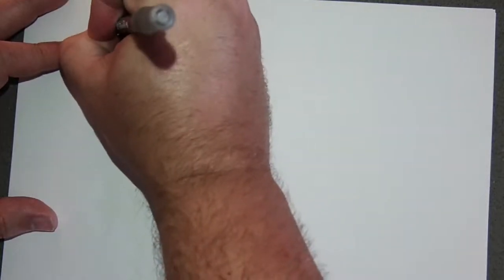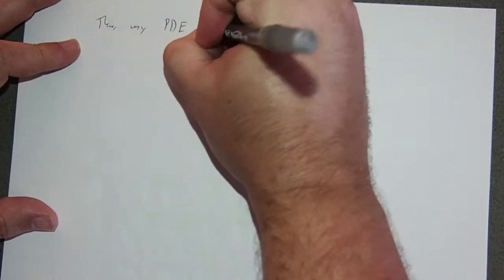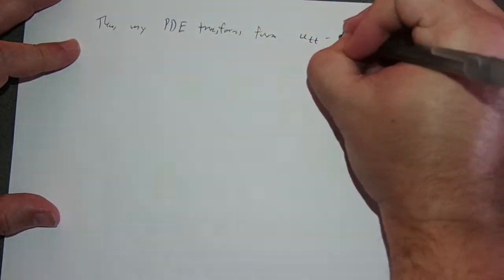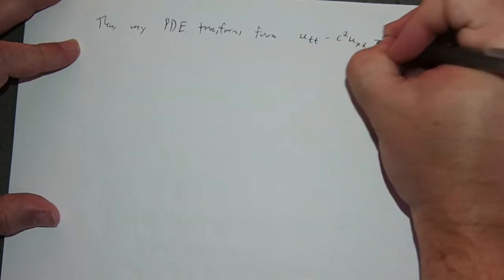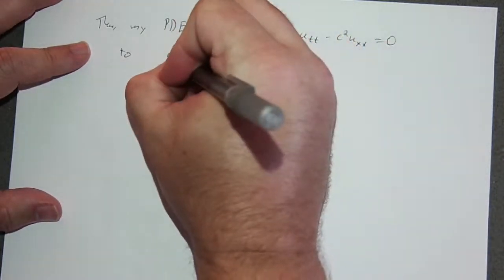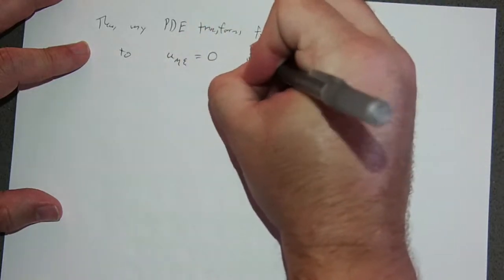Thus, my PDE, my wave equation, transforms from u sub tt minus c squared u sub xx equals 0 to u sub c eta equals 0 in the new variables.